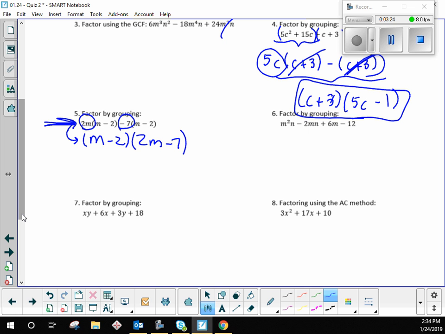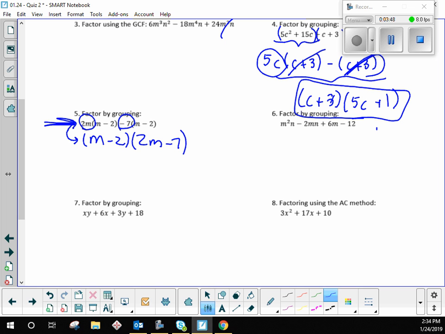Oh, wait. Yeah, because of this minus. Oh, wait. No. Yeah, let me go back and fix that. I should have made this. Hold on, am I just confusing myself right now? So it should be 5C squared plus 5C minus 3.